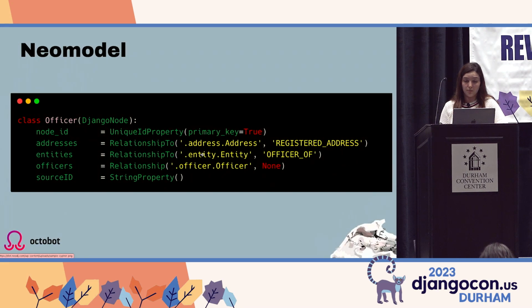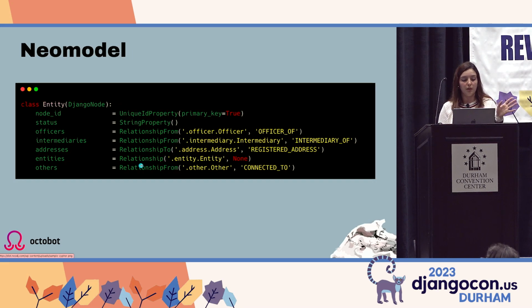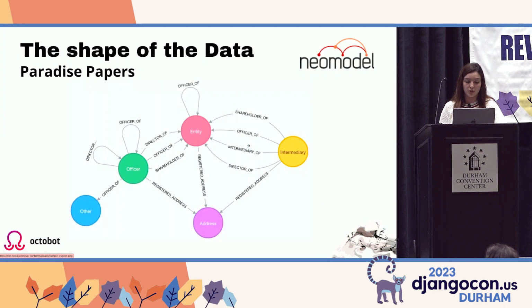And this is the same but for officer. If we see here, for entities, we have a RelationshipTo, and this is the name of the relationship. Here we import the model. So in officer, we have entities and RelationshipTo. But if we go back to entity, we have officer that has a RelationshipFrom, and it's the same name of relationship.